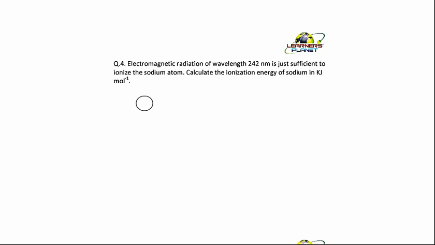It means, suppose this is a sodium atom, there is an electron outside.